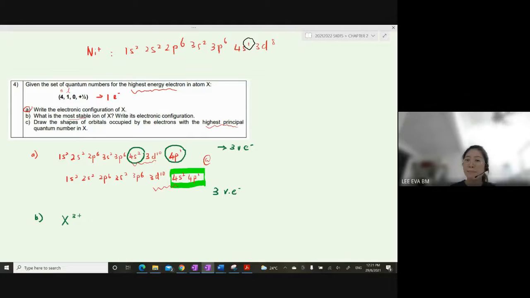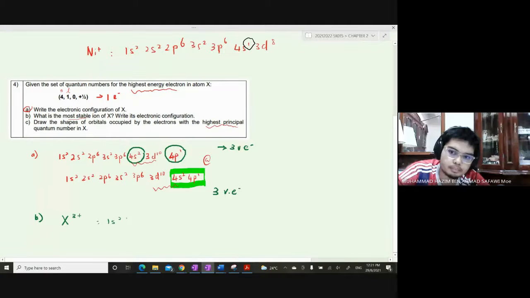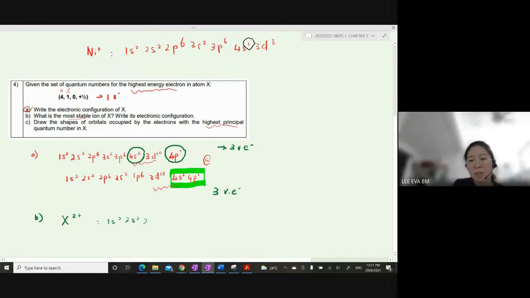Do you get me? Yes, madam. Okay, so for this one, electronic configuration, we will achieve until you have the complete one, 3p6 and 3d10. And I want to emphasize for this one is 4s2 and 4p1. It's not 4s and 3d.